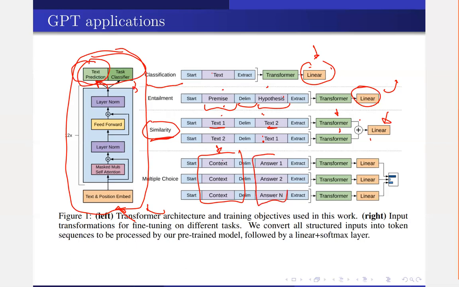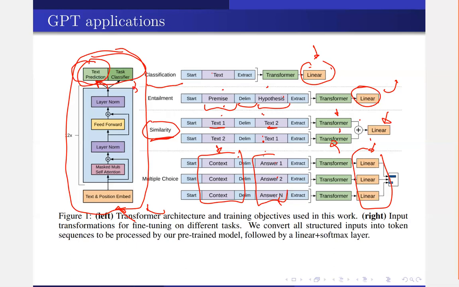Most likely the context should include the information that is needed to answer the question, and then we have the corresponding answers here. Then just similar to the earlier case, we can train this linear layer to find out which one is the correct answer.